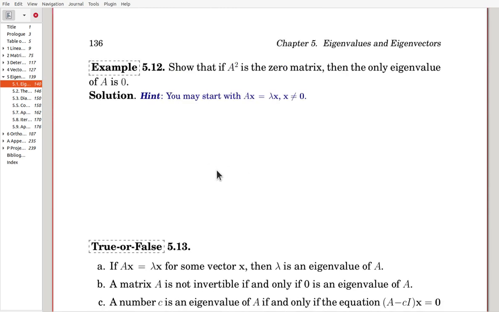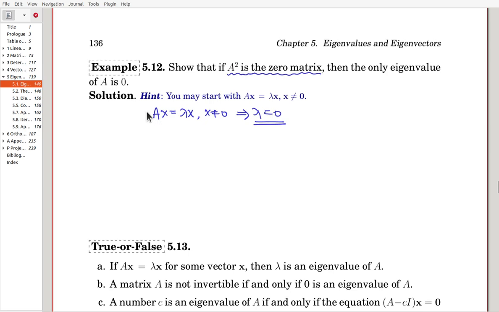If you are interested in mathematical theory, try to read this proof. Show that if A squared is the zero matrix, then the only eigenvalue of A is 0. We have to show that if A has an eigenvalue, meaning Ax equals lambda x with x non-zero, then lambda is 0. The given condition is A squared is 0.